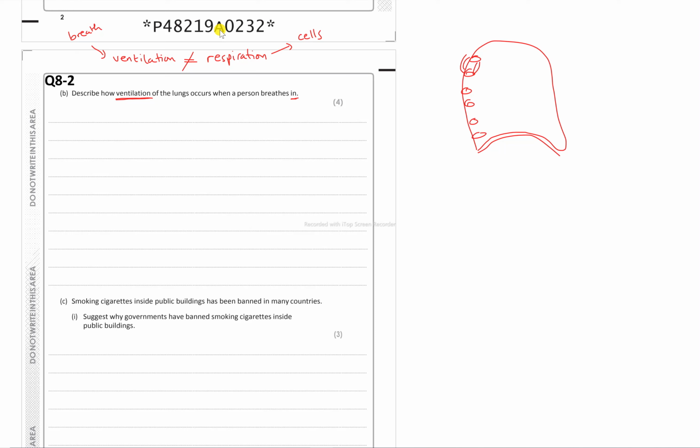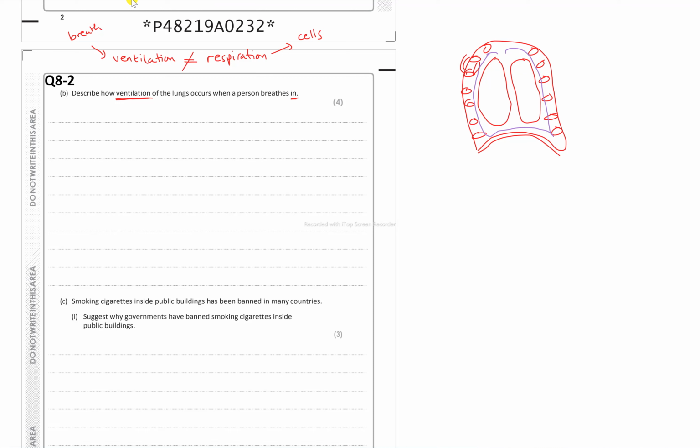Right, you have one lung here, one lung there. You then have a membrane, like a bag, keeping everything in. Right, that's how we can look at it.